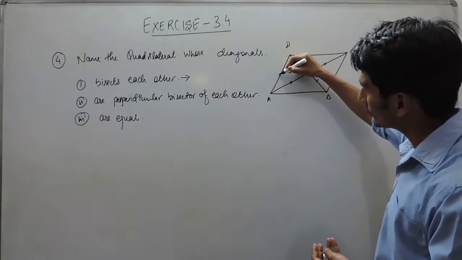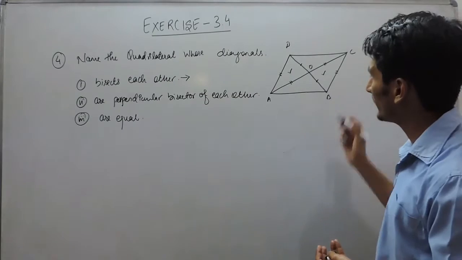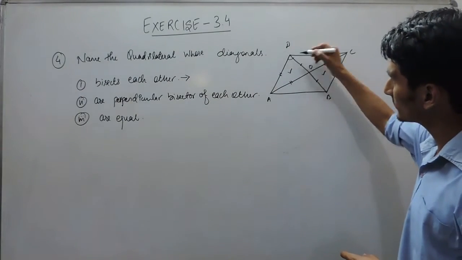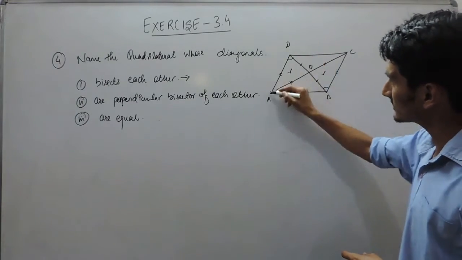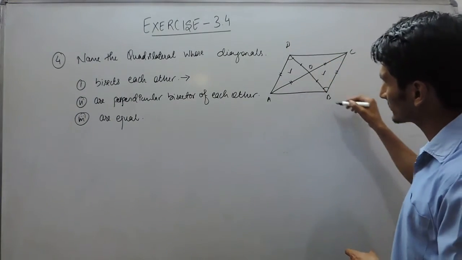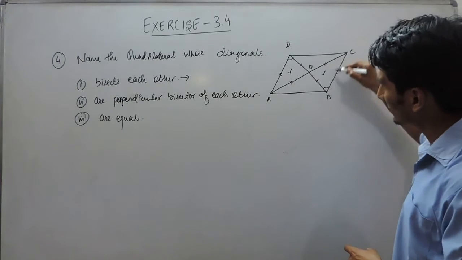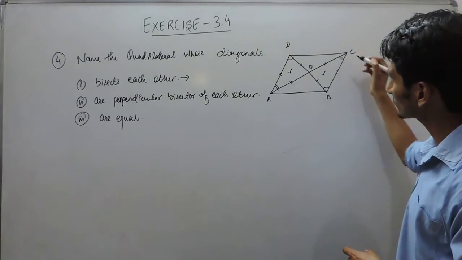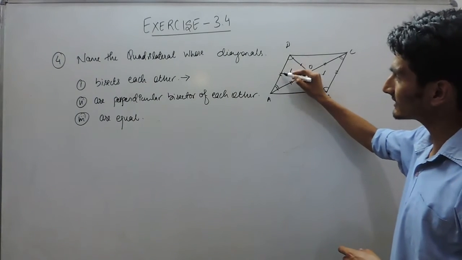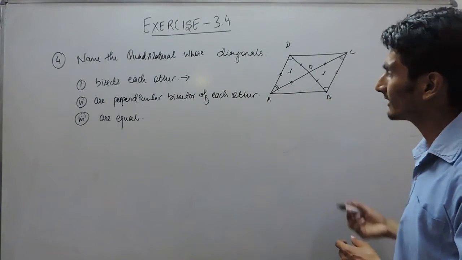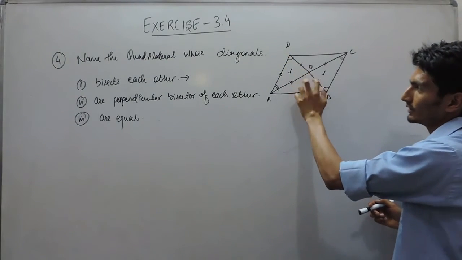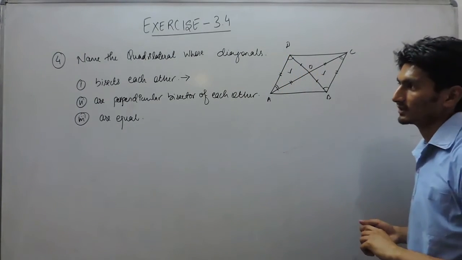For that, we know that a parallelogram has two opposite equal sides, and this angle must be equal to this angle, because this and this are parallel and this is a transversal. So these alternate angles must be equal. Same case with this. So by the angle side angle property, these two triangles are congruent, and by CPCT, this must be equal to this and this must be equal to this.